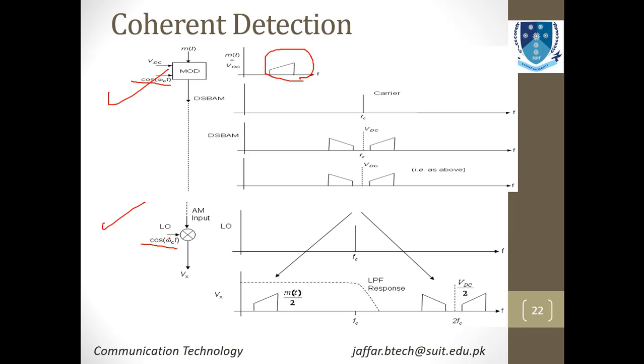If you multiply this AM signal with this local oscillator frequency, you will get the same output, but this output will be twice, or you can say double, the output. So you will see that there are two outputs, and if you apply this low pass filter, you will only get one output. So this was the coherent detection.